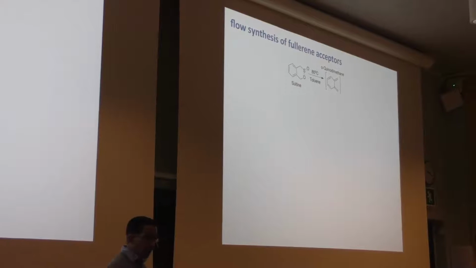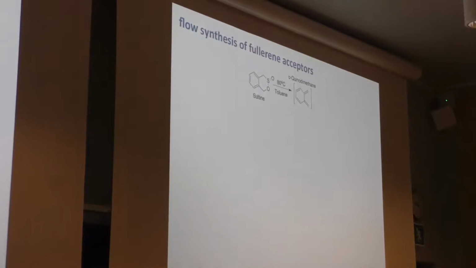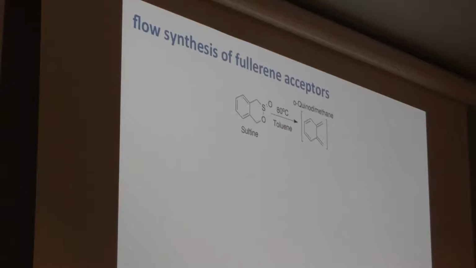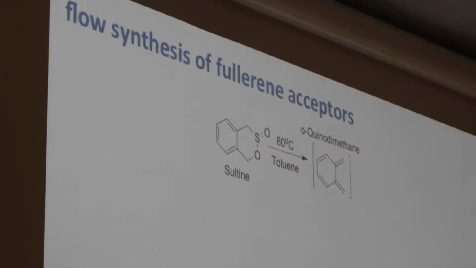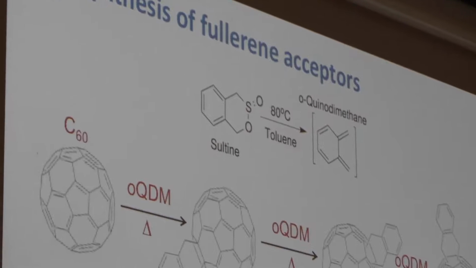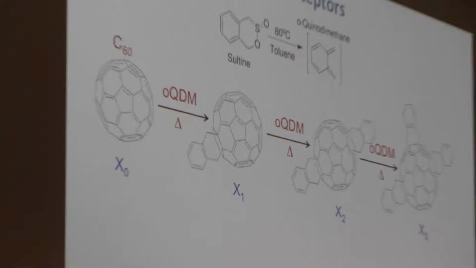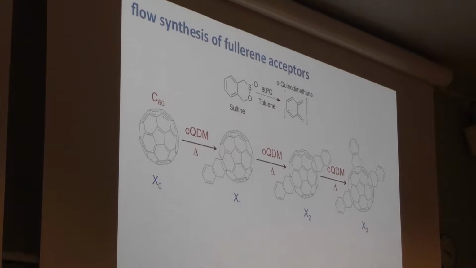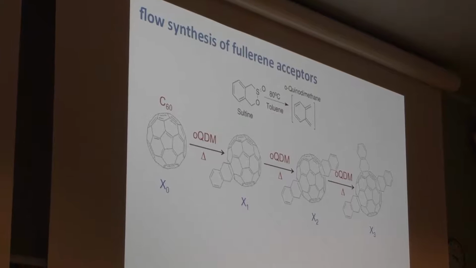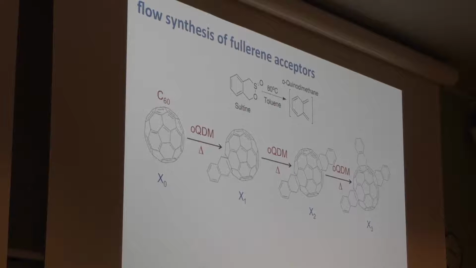So here, this is work that we've done quite recently, where we've been trying to make xylenyl functionalized C60. I'll do what John Anthony warned against. As not being a synthetic chemist, I'm now going to try and struggle through a synthesis mechanism. But I'm going to jump to the point here.